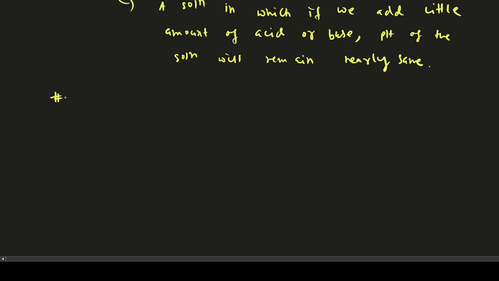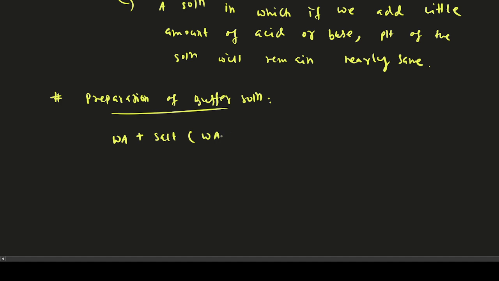So for preparation of buffer solution, we say that you should have one weak acid plus a salt which is made of weak acid and strong base. Then we can prepare the buffer solutions. Or if we have a weak base, then we have the salt which is of the weak base and strong acid. Then we can prepare the buffer solution.